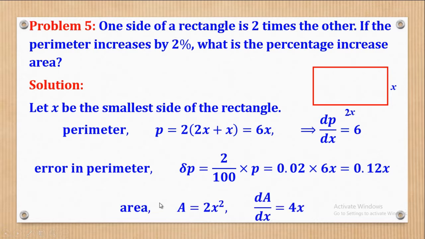For area, we shall say area is equal to length times width. Length is 2x and width is x. So 2x times x, I'll get 2x squared. Therefore, now that our area is in terms of one variable, I can easily differentiate. So differentiating will give me dA/dx being equal to 4x.